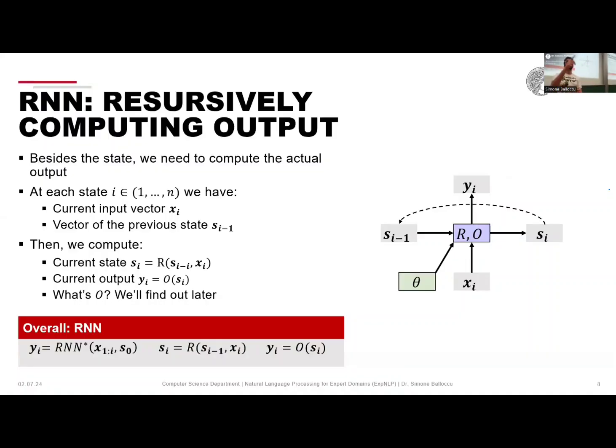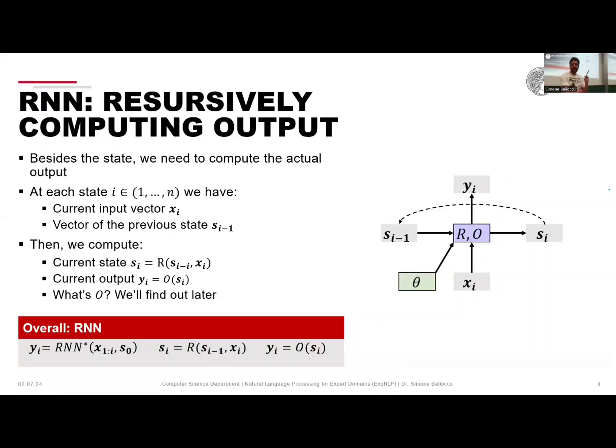Anyone? Yes? When you said it's not Markovian, but you only get the previous state vector, isn't that Markovian, the previous state, and other states before that? Okay, your colleague asked, how is it not Markovian if I'm taking into account the previous state?